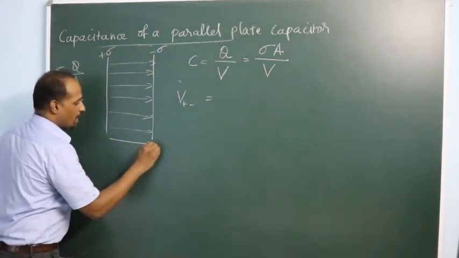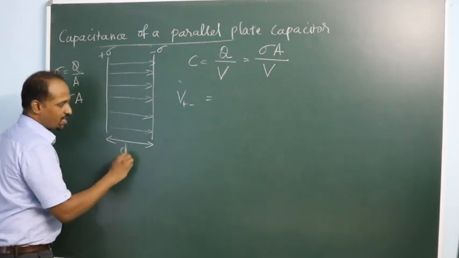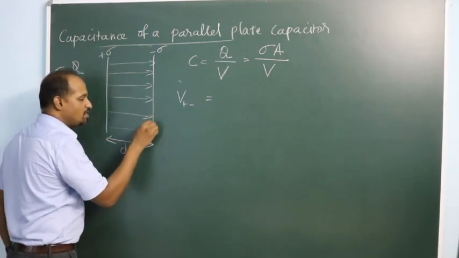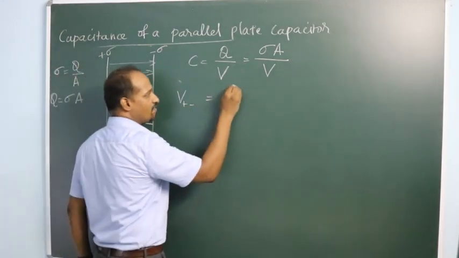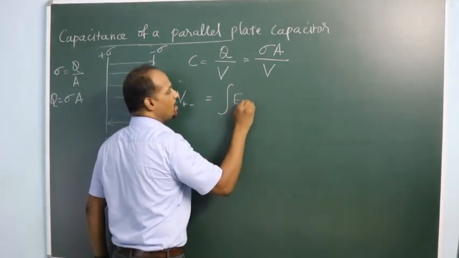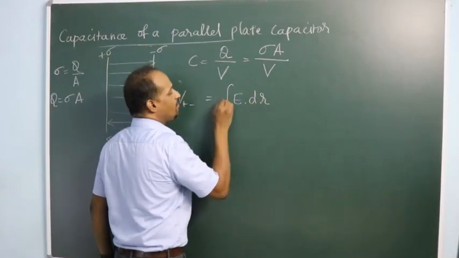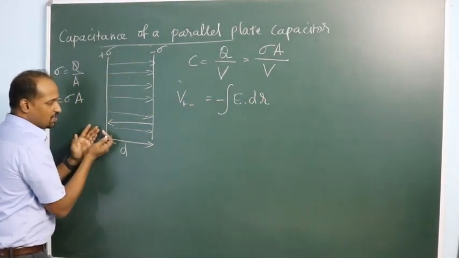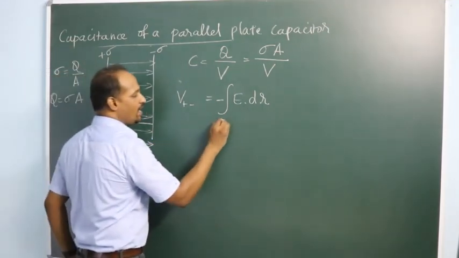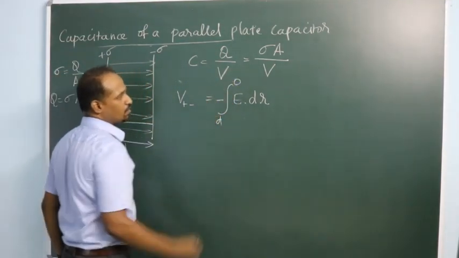If you have the distance of separation d, you have to move 1 coulomb of charge from this point to this point against the electric field. That is why the potential difference is the integral of E dot dr with a negative sign. From where to where are you moving? From this plate to this plate against the electric field. That's why it is from d to 0.